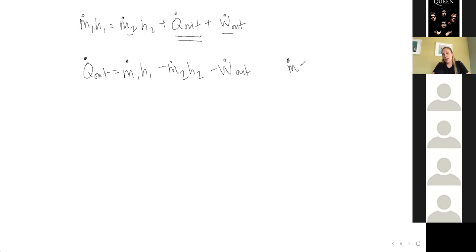The mass flow rate at point 1 has to be equal to the mass flow rate at point 2 for these steady flow single stream systems. So therefore we have our Q over time coming out is equal to our mass flow rate times H1 minus H2, because these mass flows are the same, minus our work over time coming out.